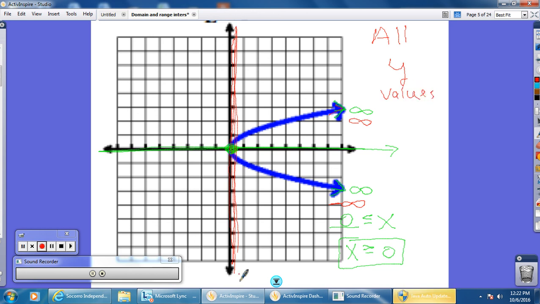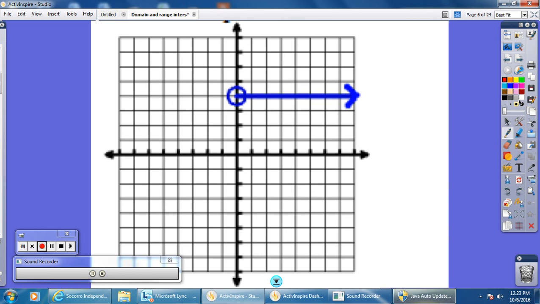All y values are in the range. And another term for all y values is all real numbers. All real numbers. Make sure you remember this.